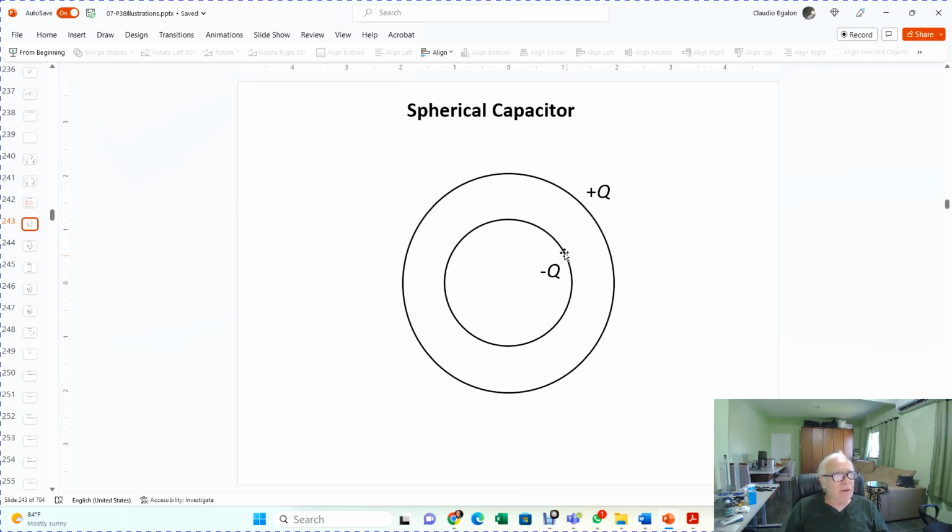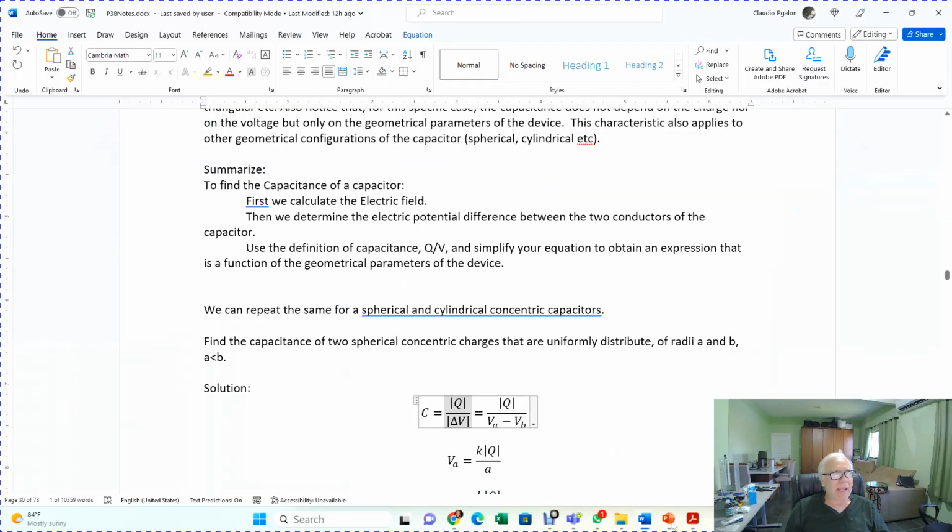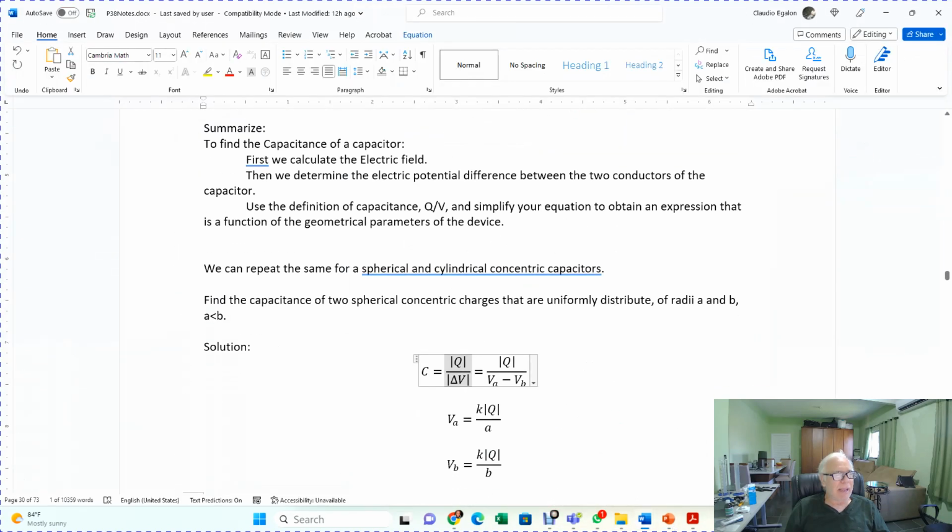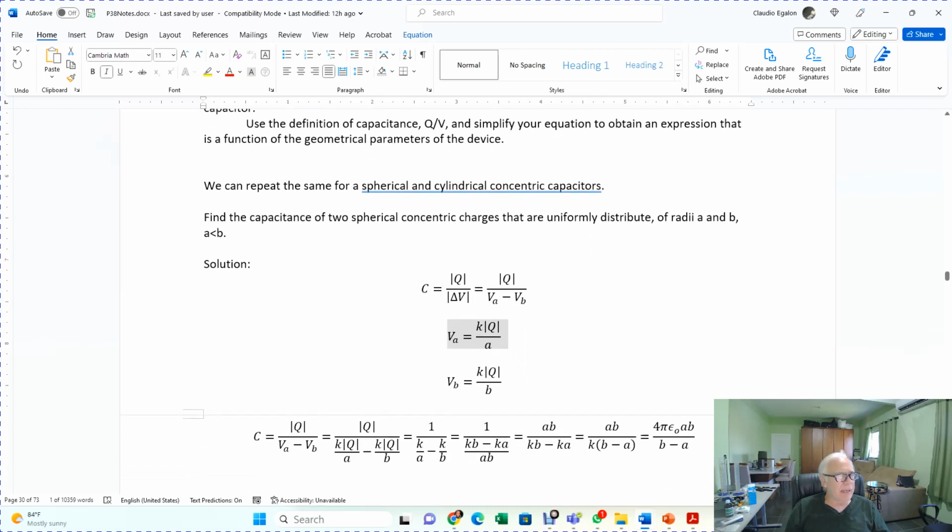So the electric potential of this sphere here, at the surface of the sphere, is going to be given by KQ divided by A. Okay? KQ divided by A. And that's what I have here. For the outer sphere, it is also going to be KQ divided by B. And we go ahead and substitute right here in this equation. That's what I did here.